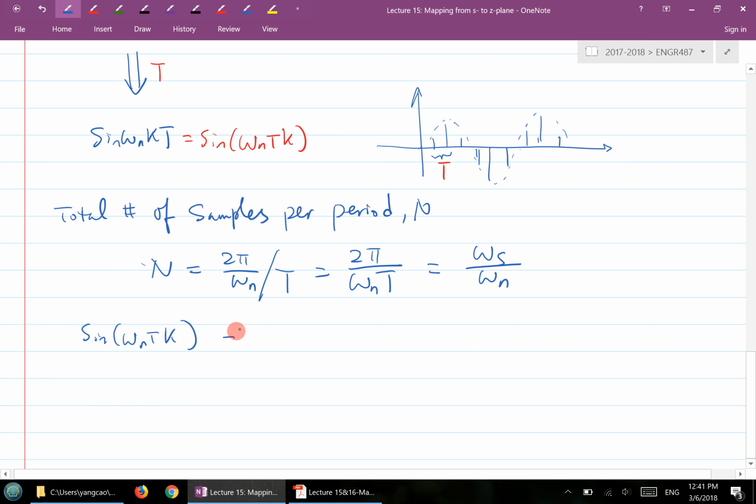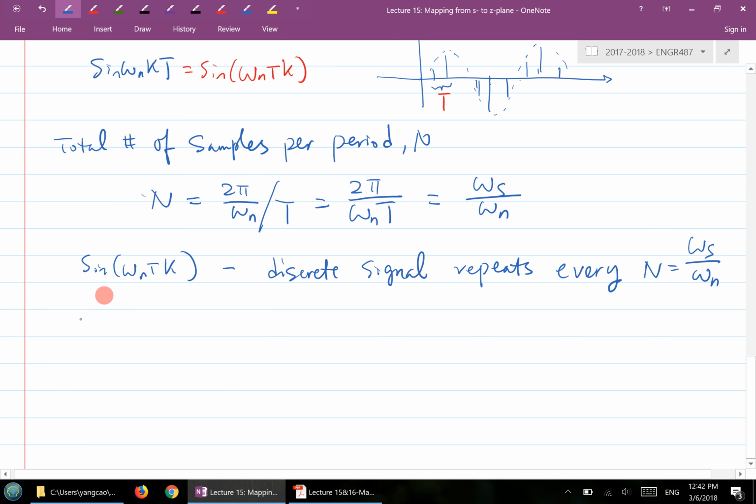I can see that this discrete signal repeats every N number of samples. You can imagine the number of samples here; in my drawing it's 6 or 7, and then it repeats itself.